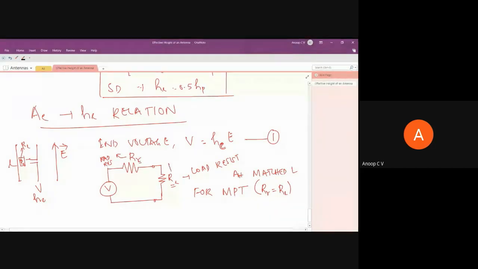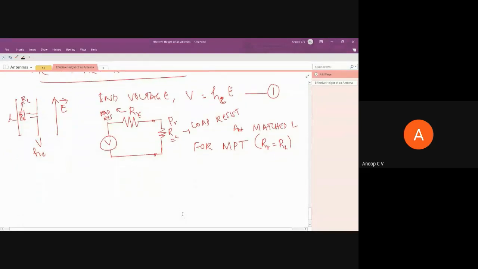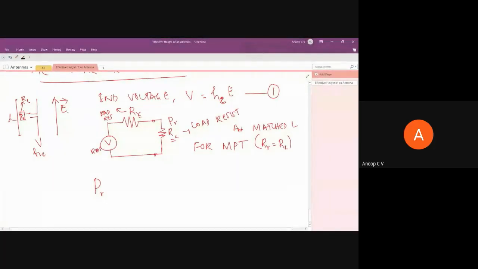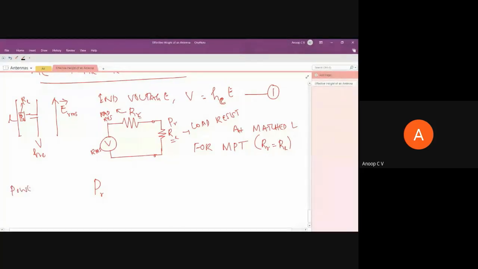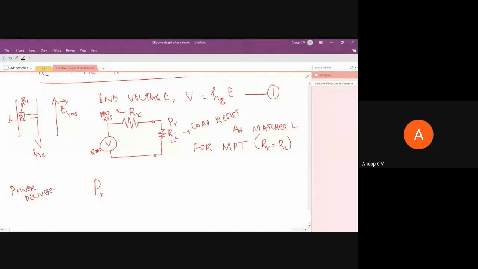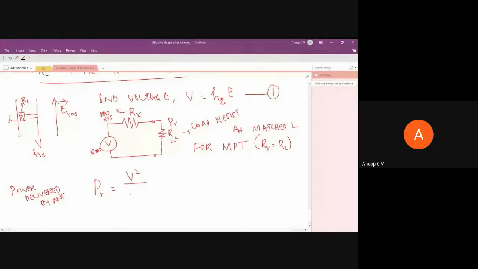Then the power delivered to the load PR can be found out as follows. Suppose this voltage V is an RMS voltage, and the field intensity is also RMS field intensity. The power delivered by the antenna can be written as V square divided by 4 RR.